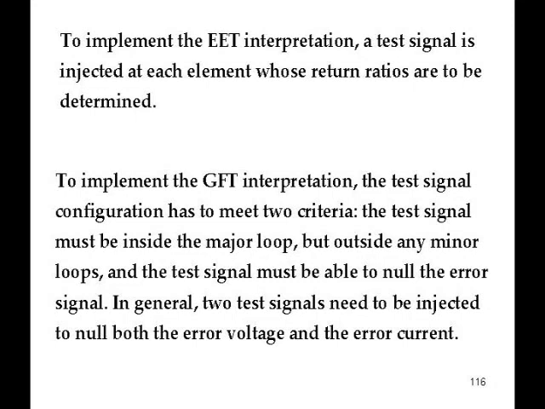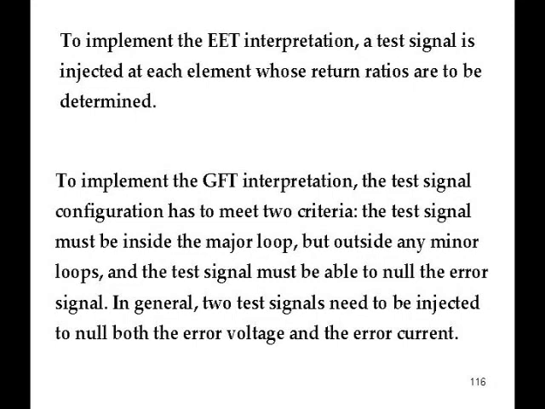Now, again, almost every practical circuit has more than one loop. The major loop, by definition, is the one that you purposely design into it, where you feed the output signal back to the input in order to make the closed loop gain what you want it to be. But in the forward path itself, every amplifier stage has a local feedback loop because of that collector base capacitance.